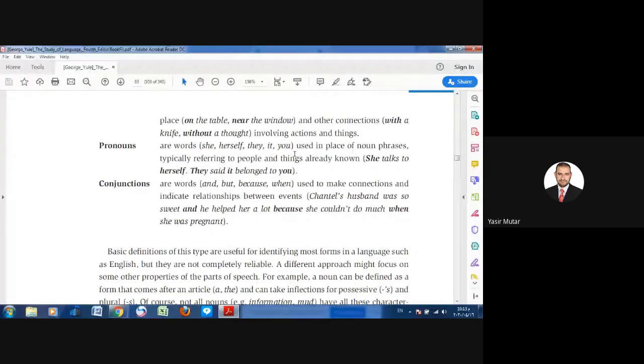Pronouns are words used to replace nouns, used in place of noun phrases, typically referring to people and things already known.